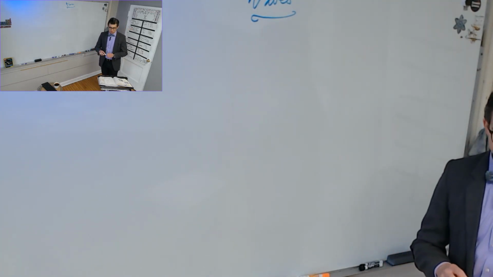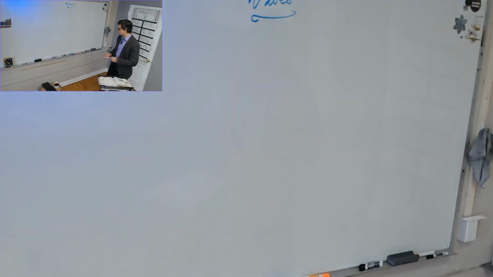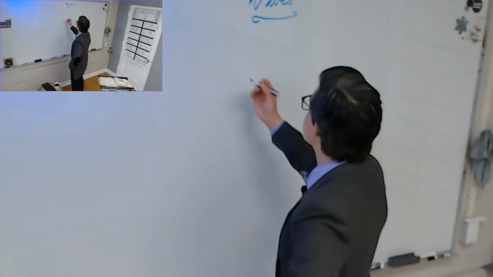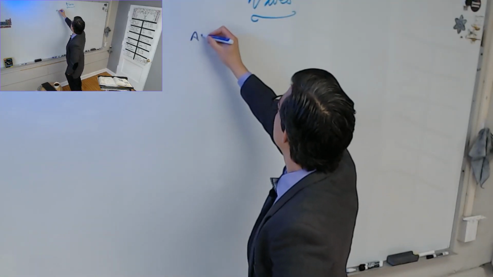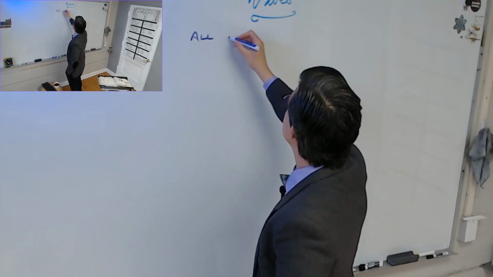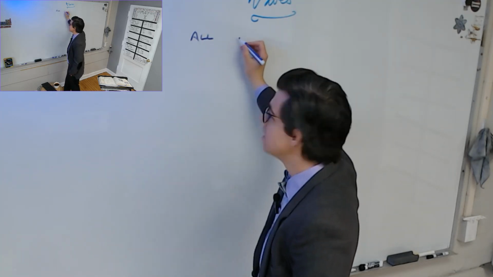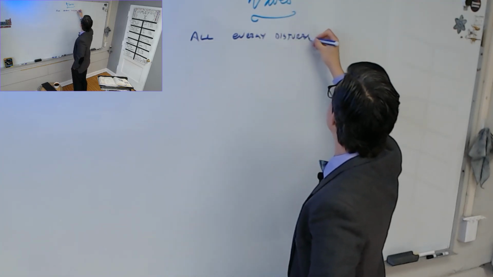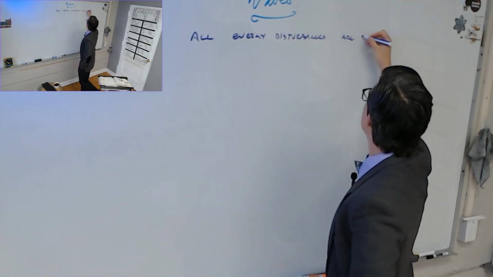A wave is one of the fundamental ways of thinking about things in science that you should understand. Let me put this in purple. All energy disturbances are waves.